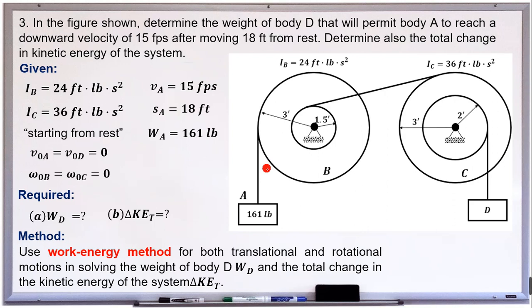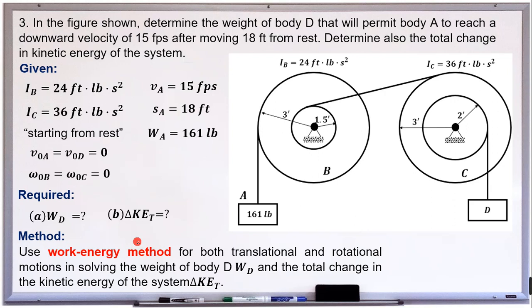If we are going to weigh those two methods, for me, if we are only to solve for the velocity and the weight, I will prefer the work energy method, because you can get the final answer much faster compared to the force inertia method.